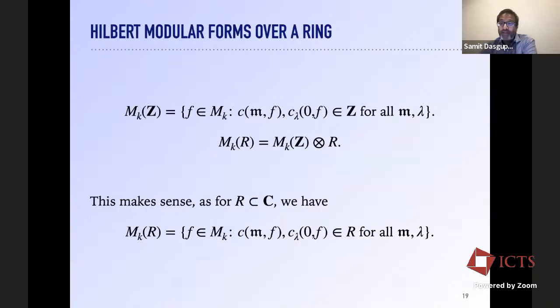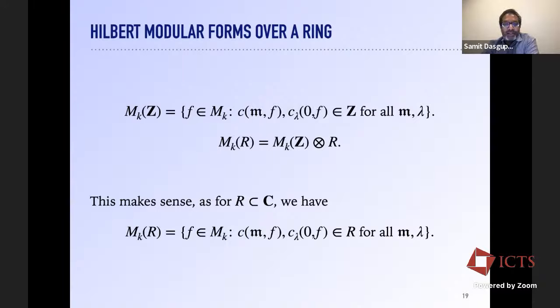And then once you have the notion of these normalized Fourier coefficients, you can put some integral structure on this space of modular forms. You can ask, what are the modular forms, say, with integer Fourier coefficients? Okay, you can call that MK of Z. And it turns out, so this is what you have to prove, that MK of C, that is the space of all modular forms, has as a C basis forms that live in MK of Z. That is, there are integral modular forms with integer Fourier coefficients whose C span is all of the space of modular forms.